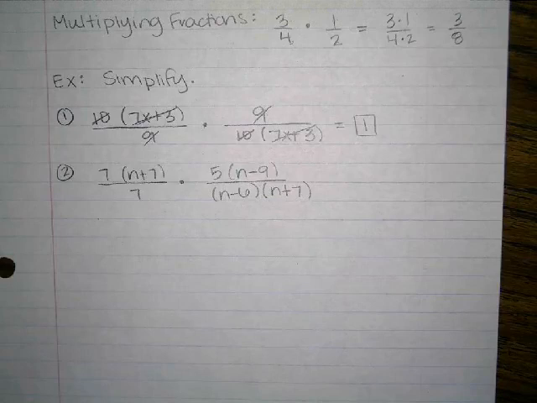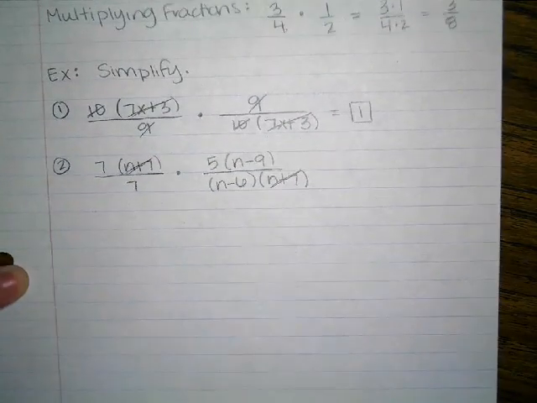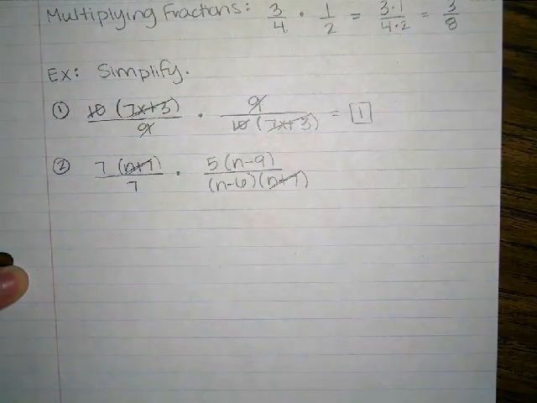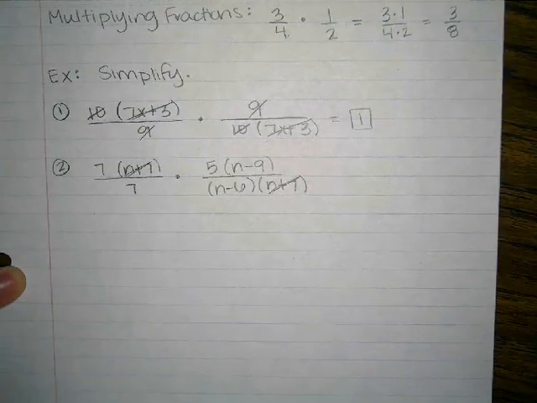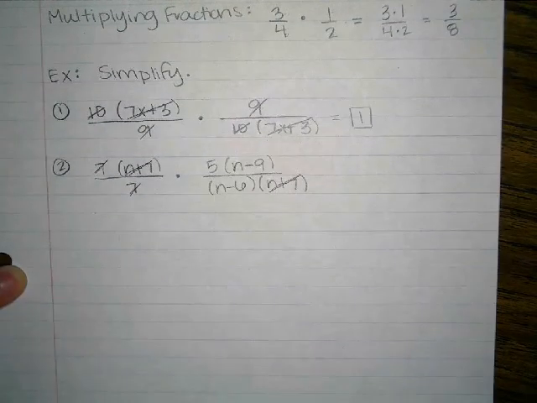What do you guys see that would cancel? N plus 7. There's 1 on the top, 1 on the bottom. What else would cancel? The two 7s. Anything else?